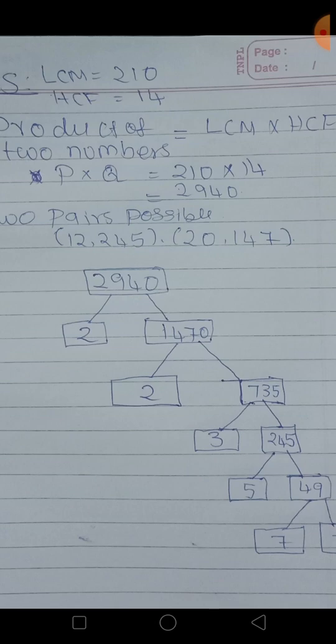What is the LCM value? 210. What is the HCF value? 14. If you multiply 210 into 14, you will get 2940.